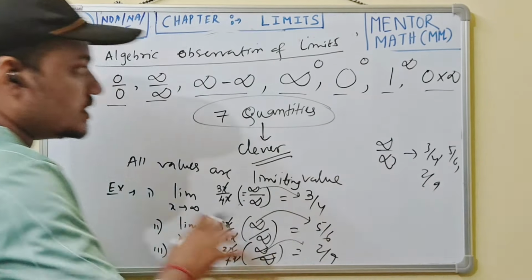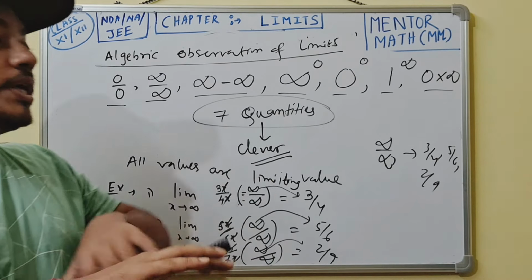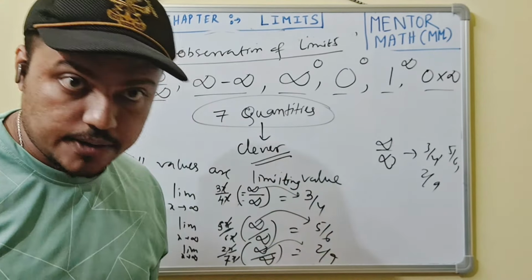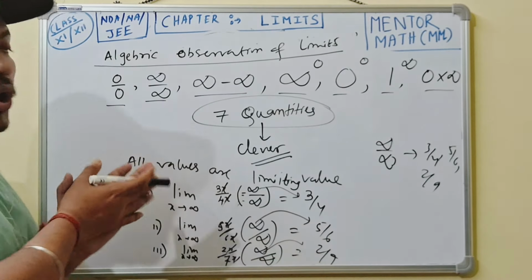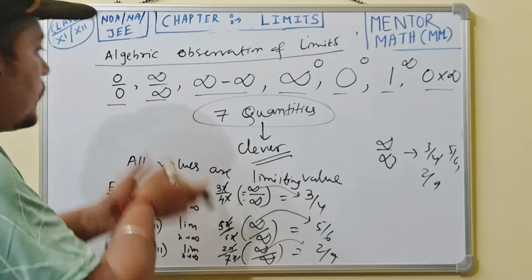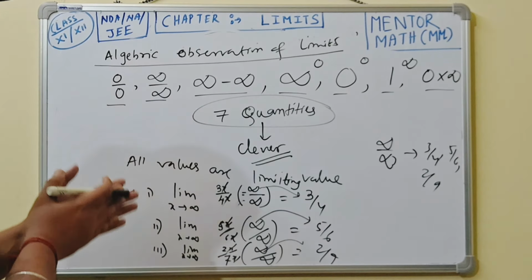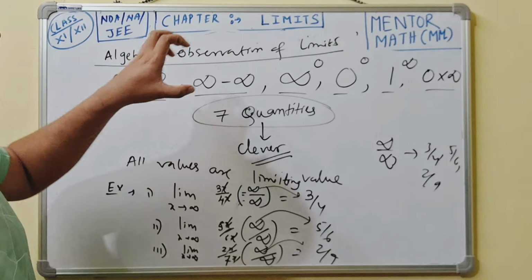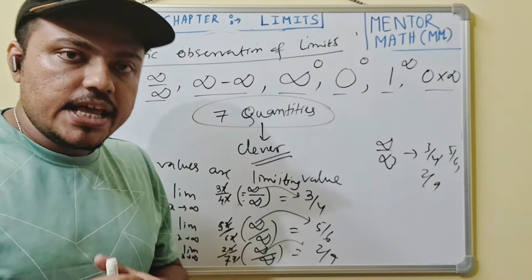So I told you this is very clever, and these quantities change their behavior in different situations. This is the main concept in limiting values: the infinity by infinity form and the 0 by 0 form can give different answers also. So that's why these 7 quantities are very important.